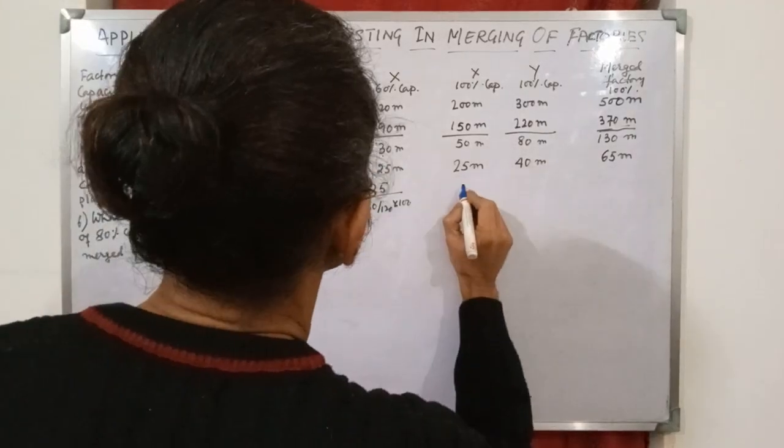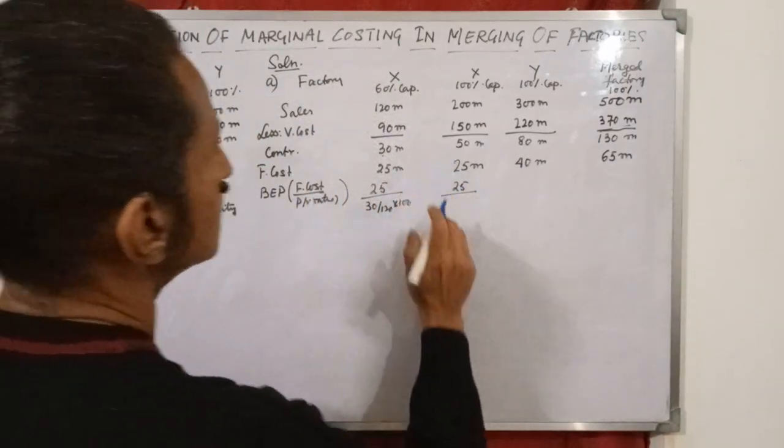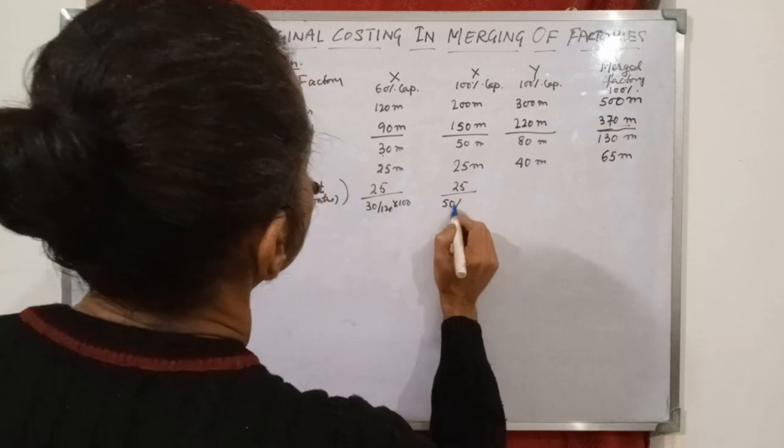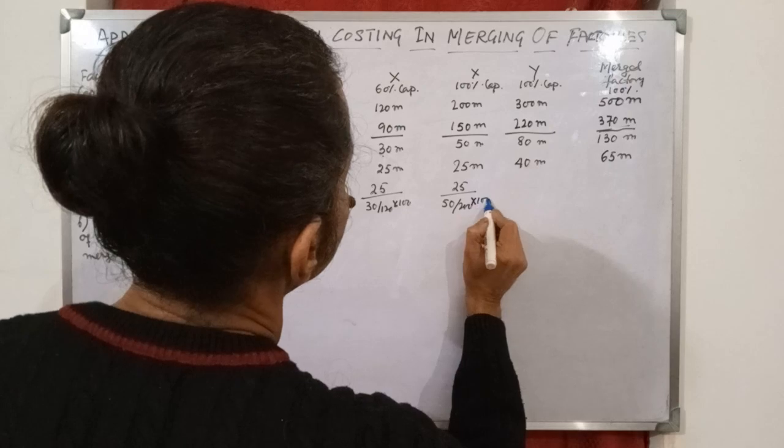And here it will be 25 divided by the contribution, 50, over sales, 200, into 100.